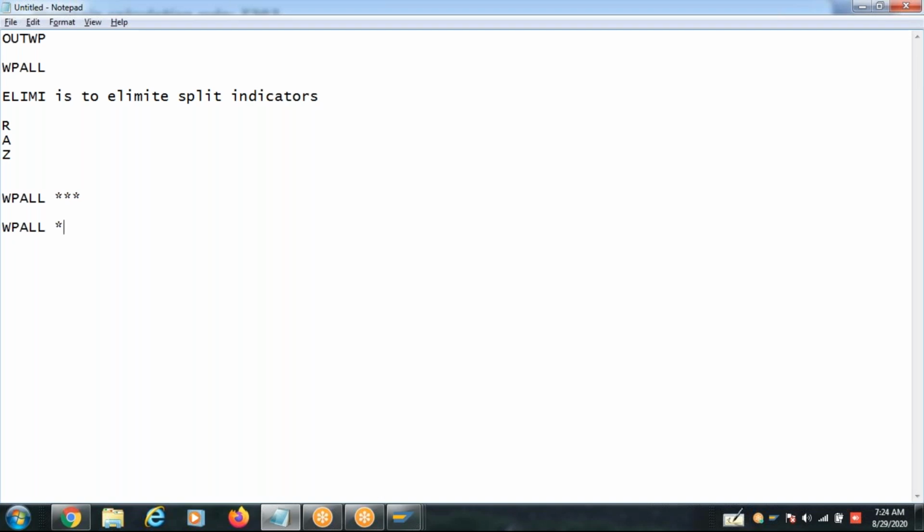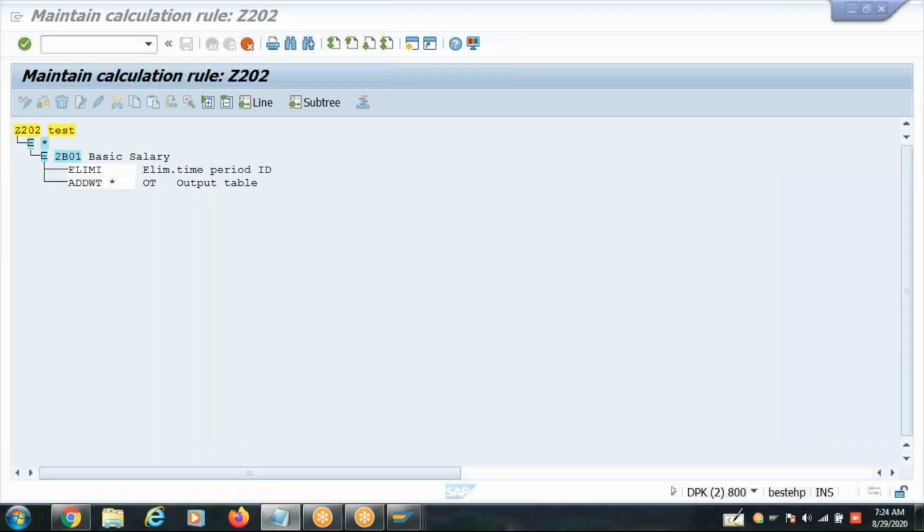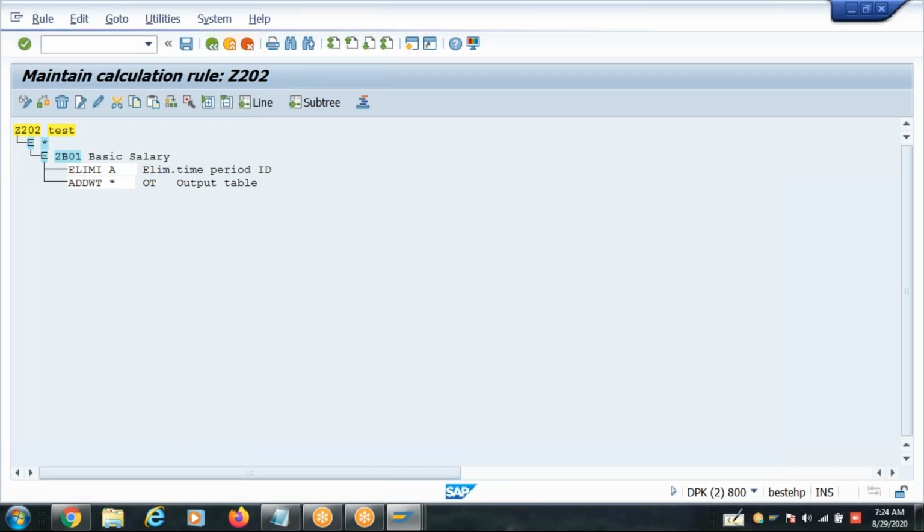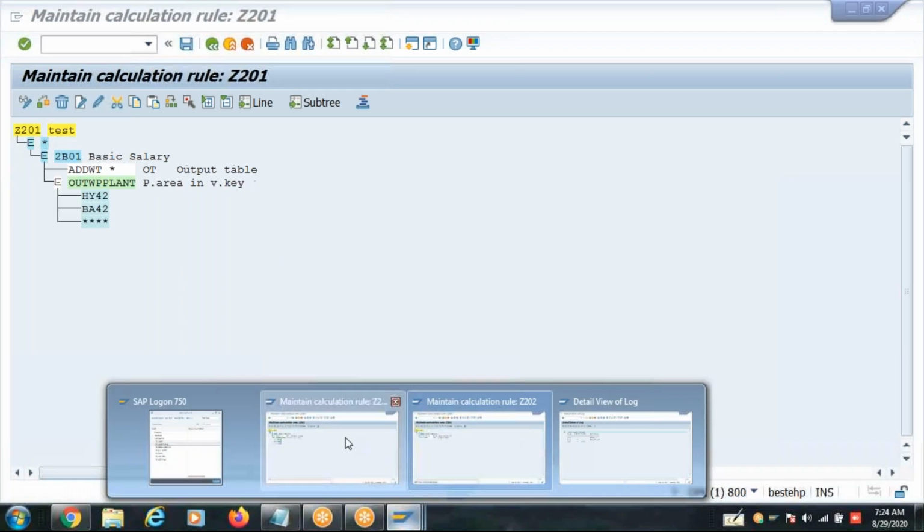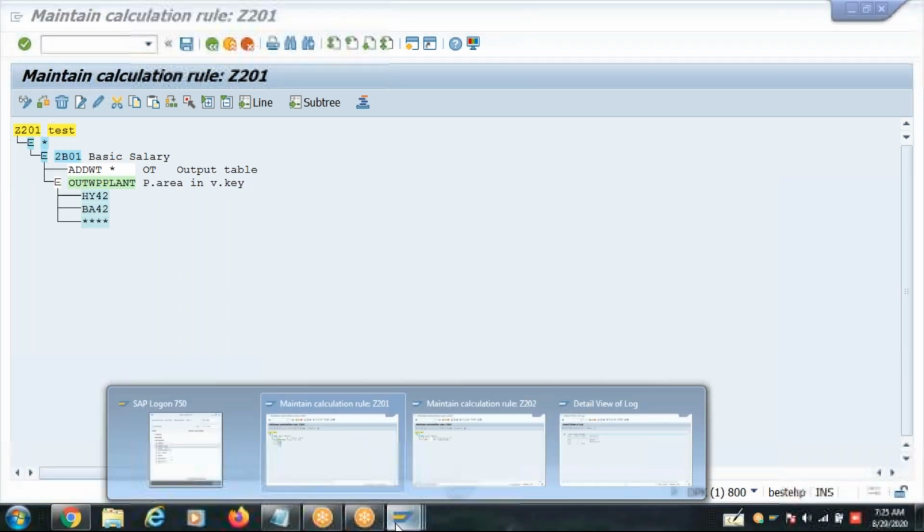So eliminating the split, how does it work? I'm eliminating A. Z202. So Z202 is here.